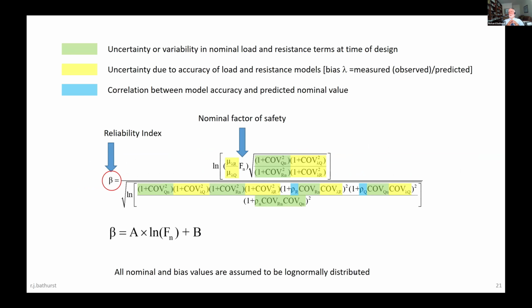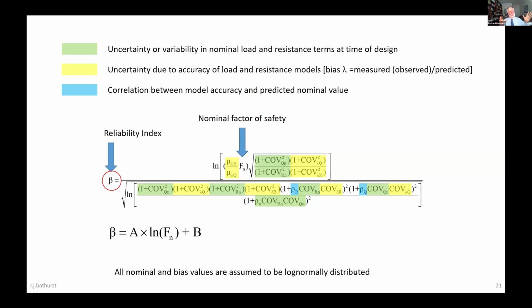And one of the outcomes from the research that we have done is that for simple linear limit states, we can calculate using a closed form expression what the reliability index is for each reinforcement layer and for each limit state.